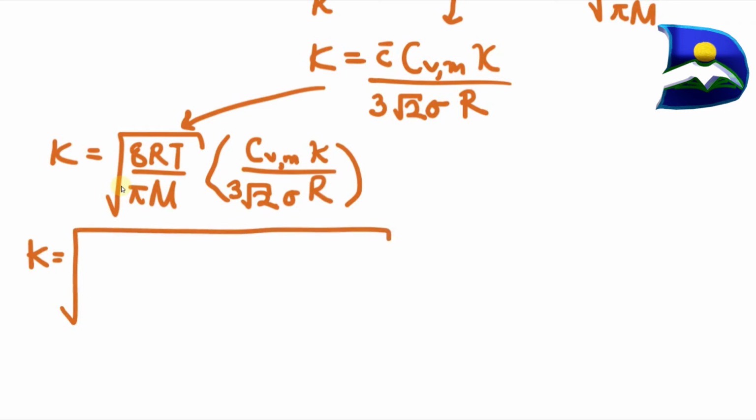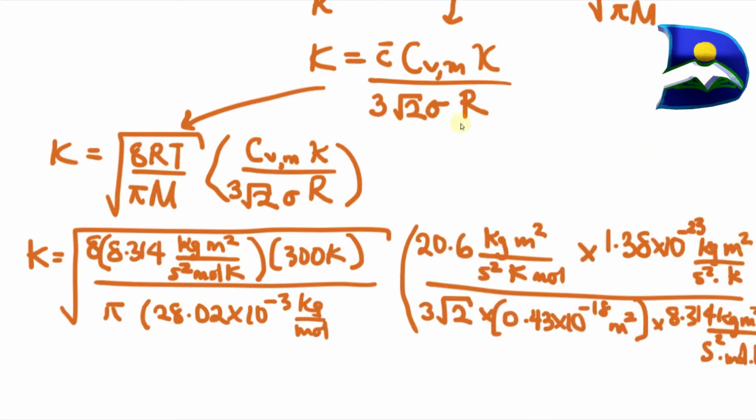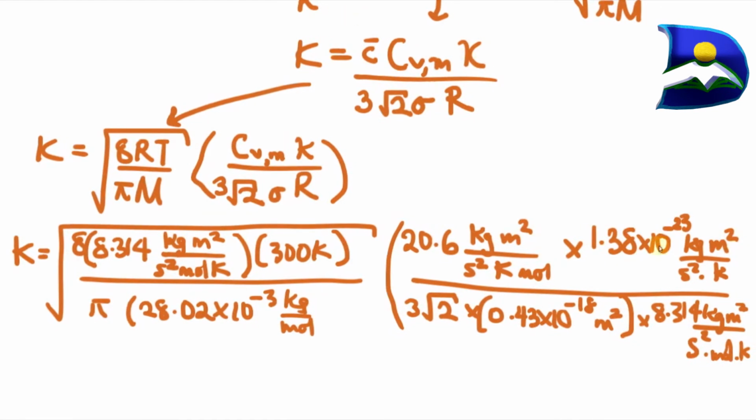So first, in the square root, we'll evaluate our specific units, and to do that we're going to cancel some things out. We have our kilograms cancelling out our kilograms, our kelvins cancelling out our kelvins, our mole cancelling out our mole, and we're left in the square root with meter squared per second squared.